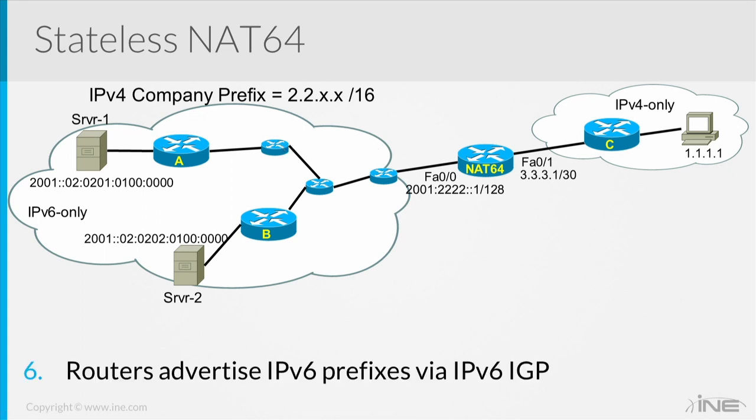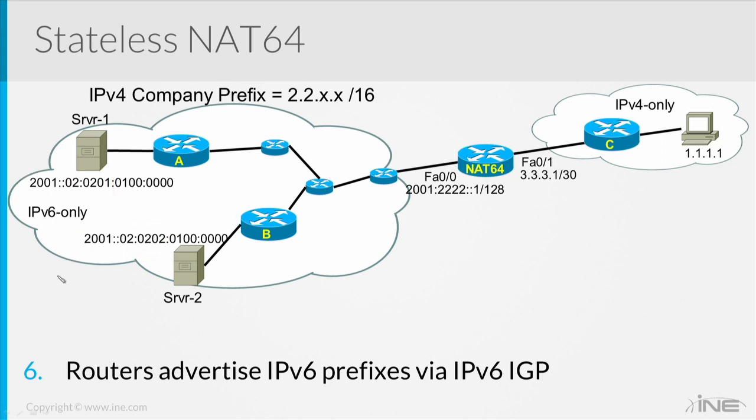Okay, so router A right here, he says, okay, on this link, I know that I'm responsible for this prefix, this /96. And this router right here, he says on my interface, I'm responsible for this /96.